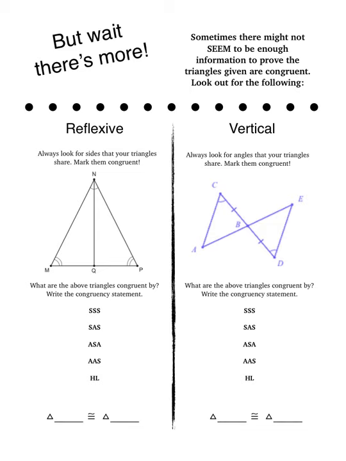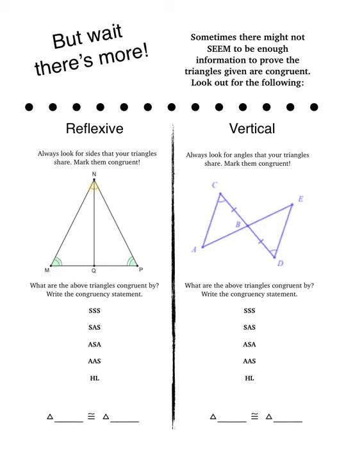Okay, so reflexive. Look for sides that your triangles share, which make them congruent. So we have a congruent angle there, and then we have a congruent angle here.